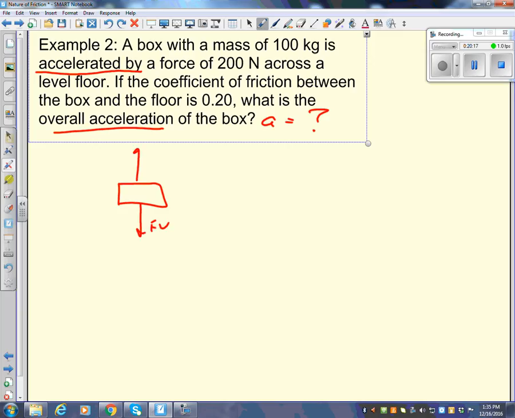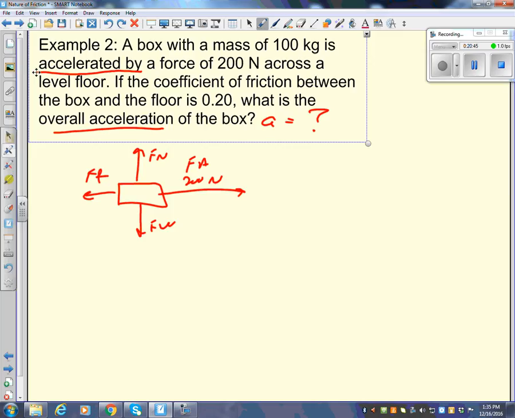We've got weight force, we've got normal force. They're balanced. This thing isn't going up or down. We have 200 newtons as our FA, and we have some value FF that we don't know. What should I do first?